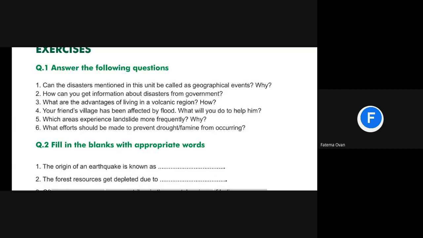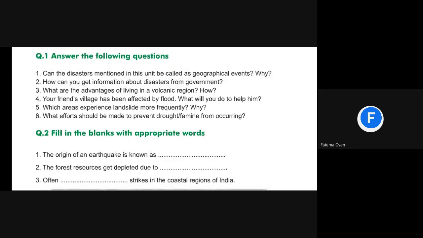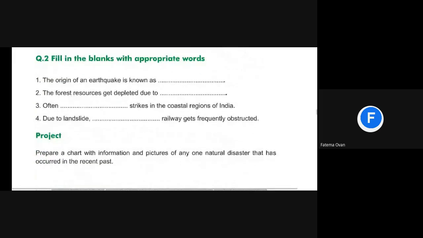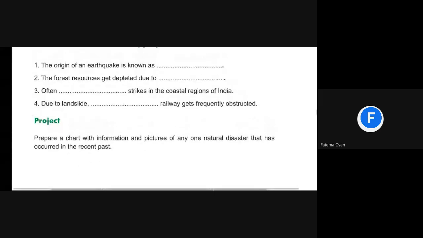Can the disasters mentioned in this unit be called geographical events? Why? Should we do the exercise tomorrow?